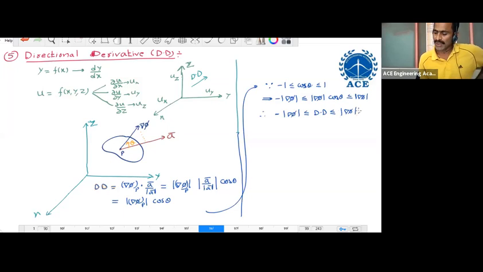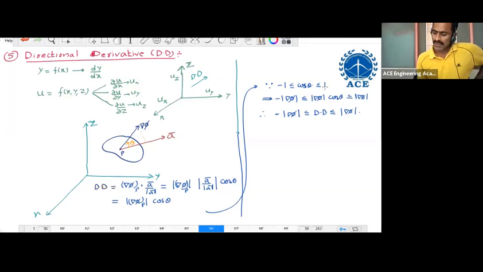It is the magnitude of the lowest rate of change of the directional derivative. Because of plus, it is the outward direction. Because of minus, it is the negative direction, inward direction. Right? Maximum and minimum values of this directional derivative only.